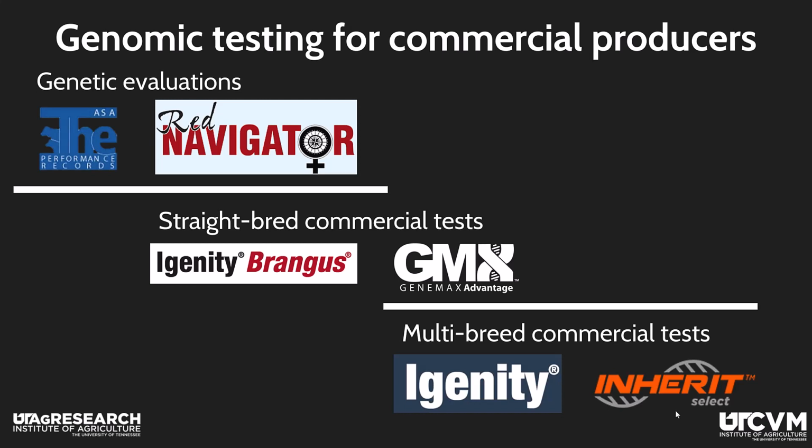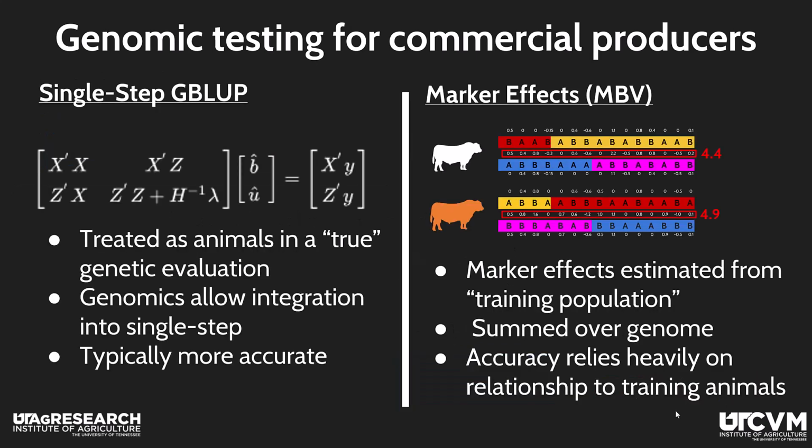So again, these are probably our most common: Igenity from Neogen and Inherit Select from Zoetis. I won't go into the nitty-gritty of all this, but a couple different ways that those two commercial genomic tests are calculating the values that they report.